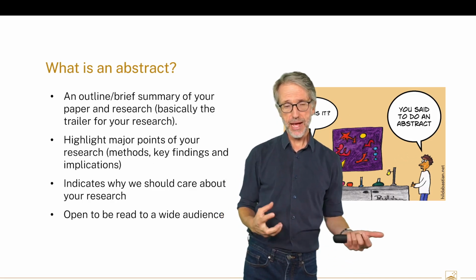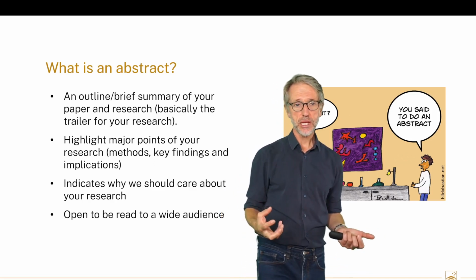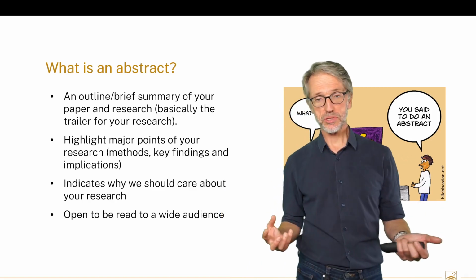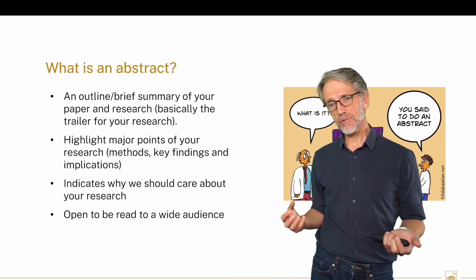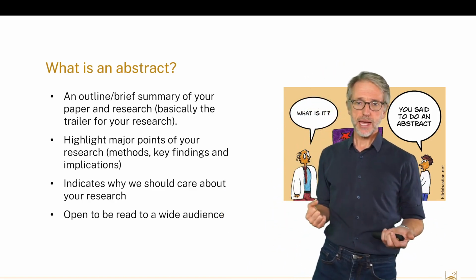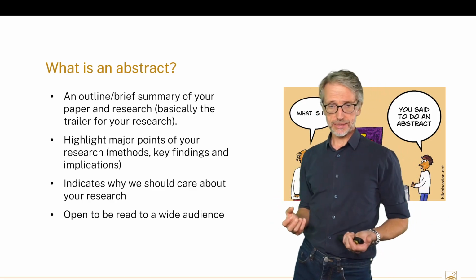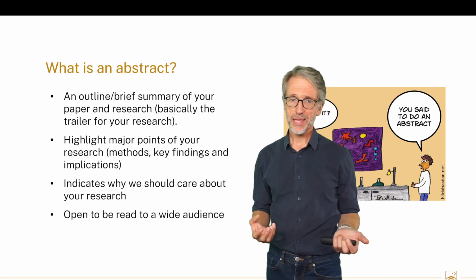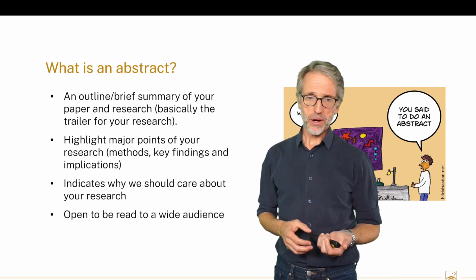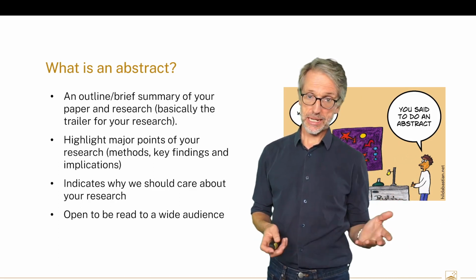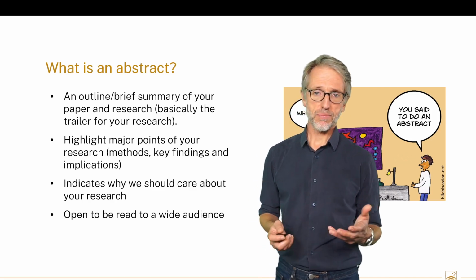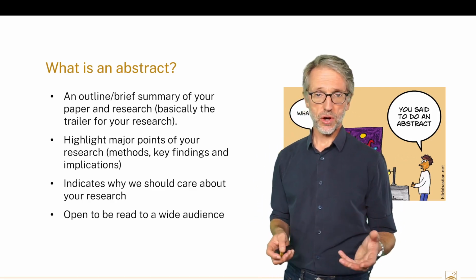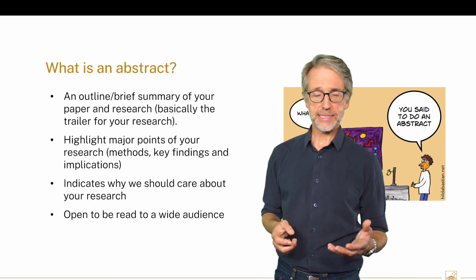So an abstract provides a summary of the paper and the research that was conducted, and in some respects it should be like a movie trailer for the paper. Now, we've all, I suppose, at some stage seen a movie trailer that doesn't properly represent the content of the movie itself.